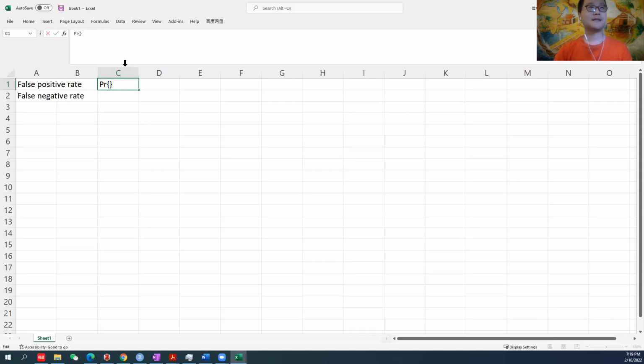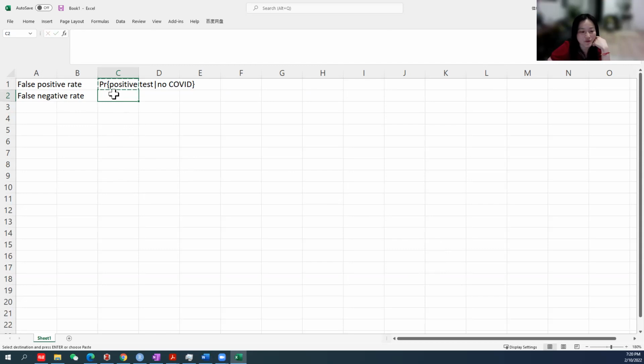Understand that this rate is a conditional probability: given a person did not have COVID, the probability of getting a positive test result is this much. That's what's called the false positive rate. Do you agree with me on this? Any questions here? Yes, we agree.